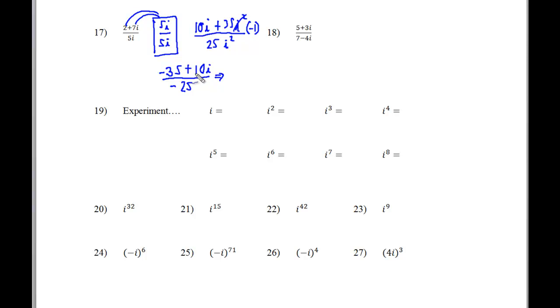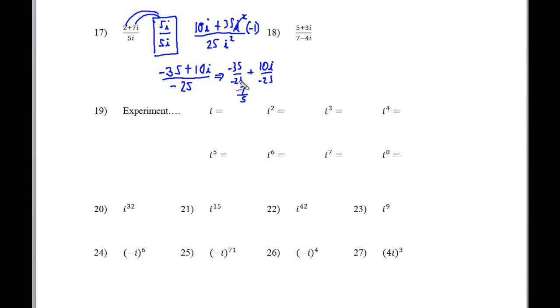So what I'm going to do here is I'm going to split it up: I've got negative 35 over negative 25, and then I have my 10i over negative 25. And if I simplify that fraction, 35 divided by 25, both can be divided by 5, so that leaves me with 7 over 5.